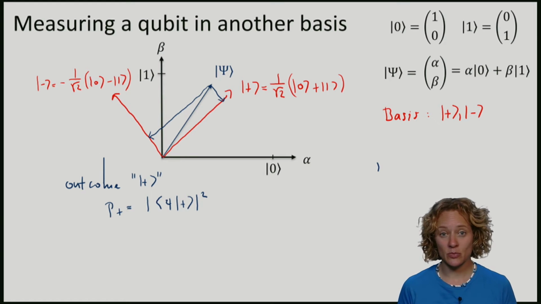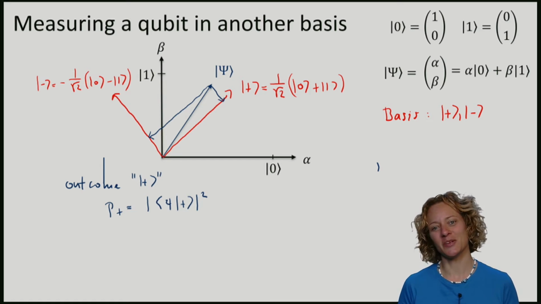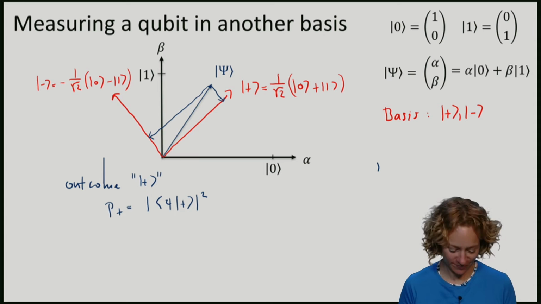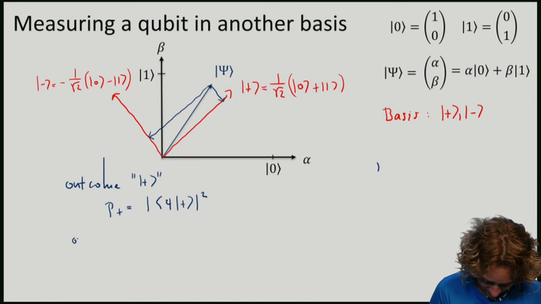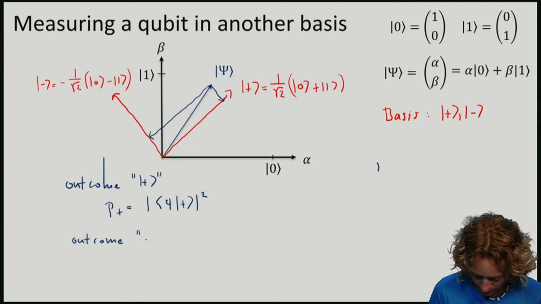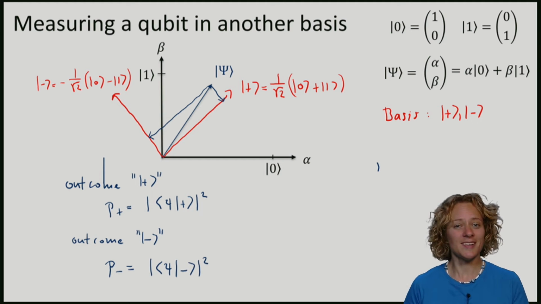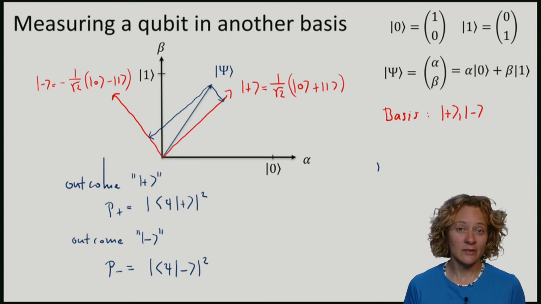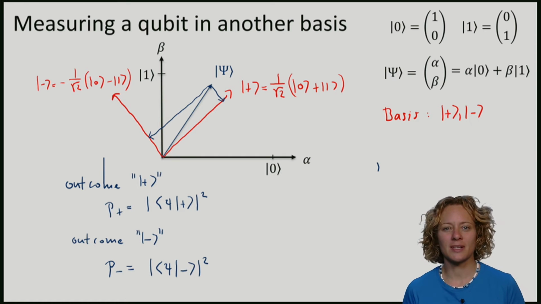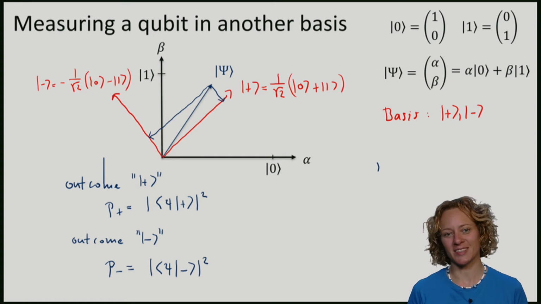And similarly, the probability of obtaining the outcome minus can be obtained by computing the inner product between psi and minus. The idea is exactly the same. We've just plugged here other basis vectors than the standard basis.